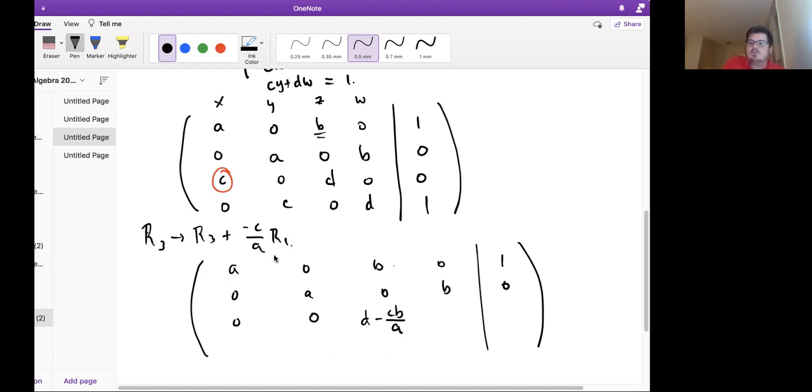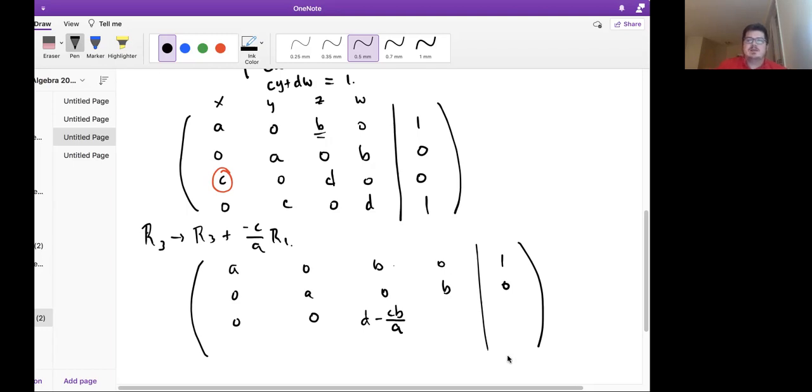The row 1 entry is B, and then you're multiplying by negative C over A, that's here. And you're doing D minus that expression. So anyone have any questions about that? Does that make sense?